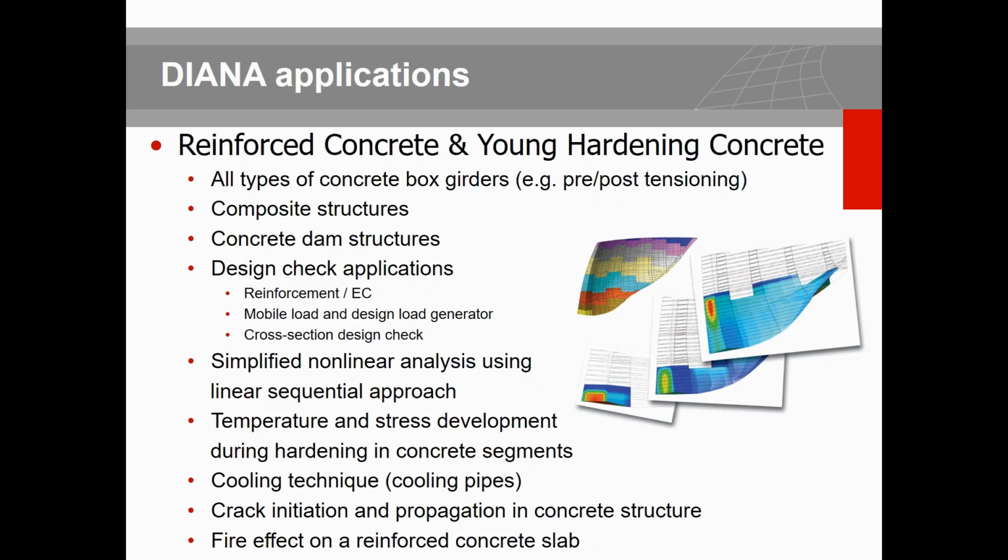These reinforced concrete structures could be steel and say rebars or fiber reinforced materials. These fibers could be steel or synthetic material, no problem at all. Therefore, you can model all types of concrete box girder, could be pre or post tensioning, composite structures, the interaction of the maybe steel and concrete, fiberglass and concrete, or different type of materials, new materials.